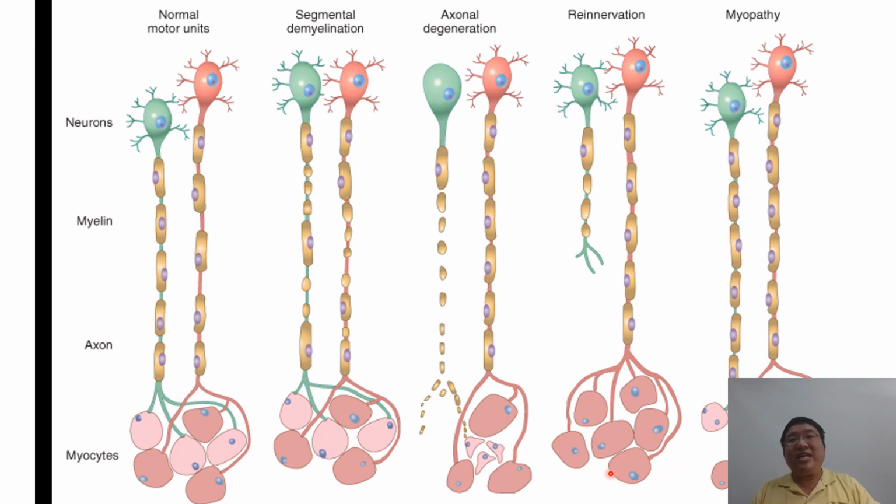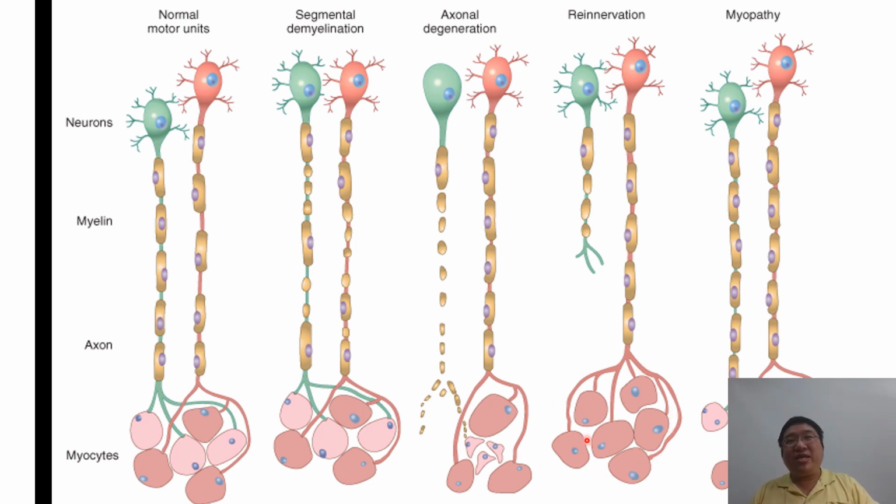So we can see that after axonal injury and reinnervation, the checkerboard pattern is gone. The checkerboard pattern as seen here is gone. So when we see the loss of the checkerboard pattern, we can know exactly that there is something wrong with this area.